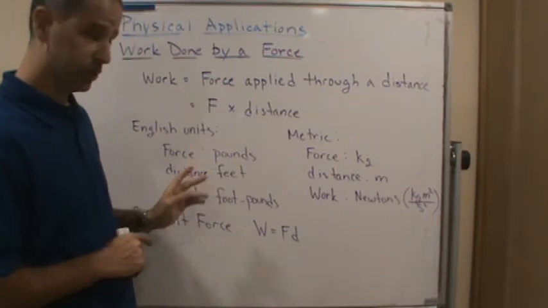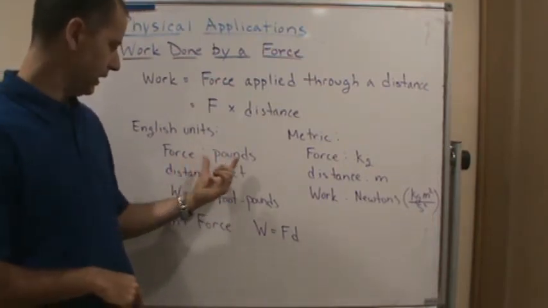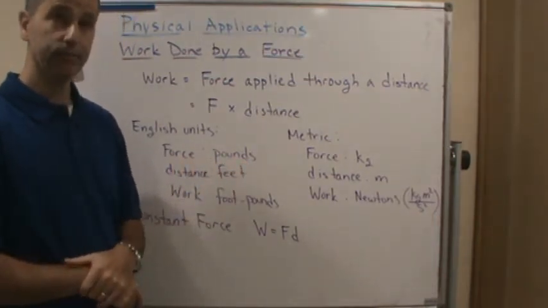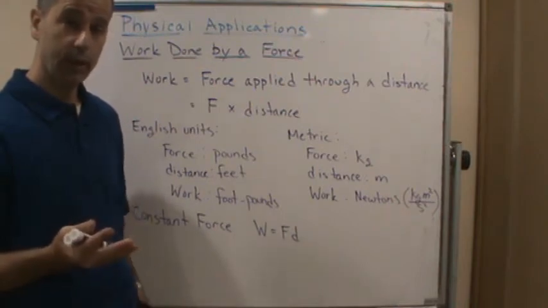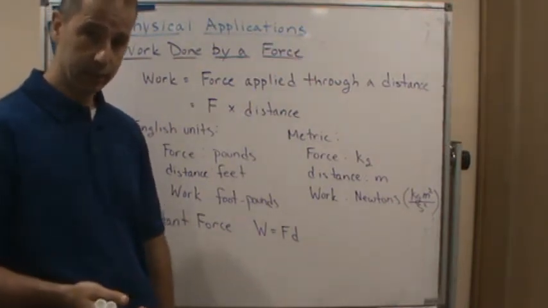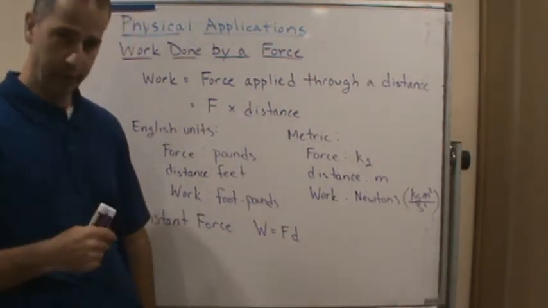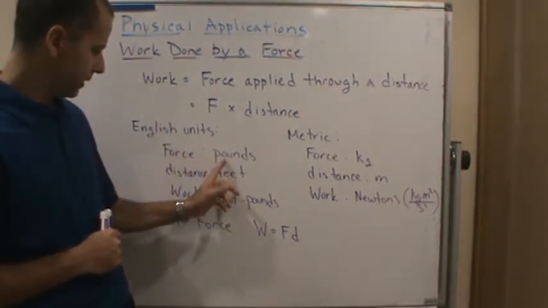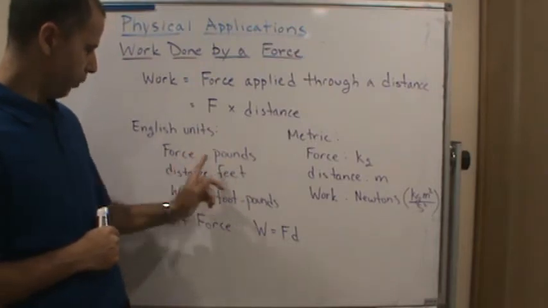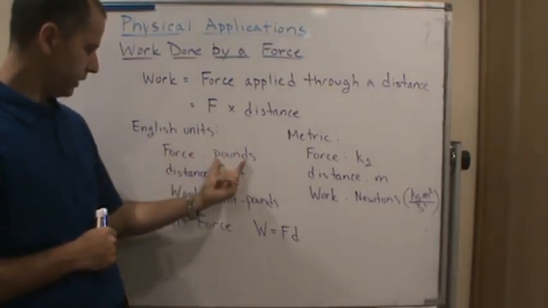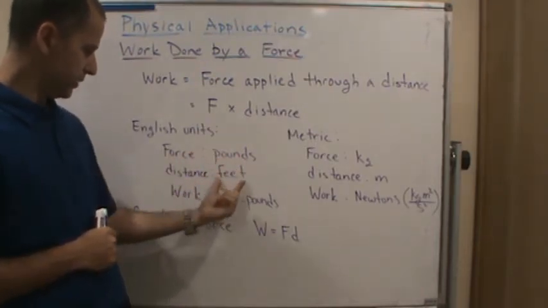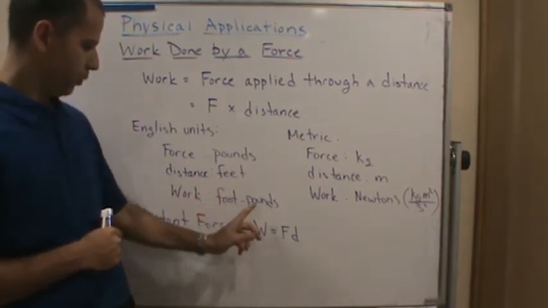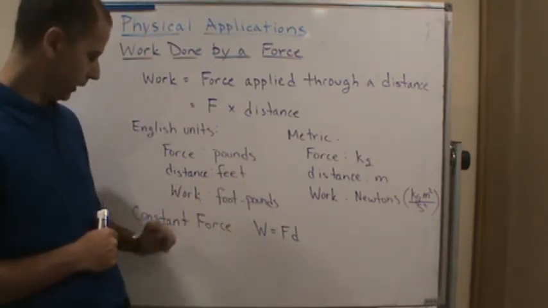In fact, just so you know, in English units the unit for mass is called the slug, if I remember that right. So we measure weight in pounds, which is a force. Force in English units is pounds, distance is feet, and so work is what we call foot-pounds, okay?